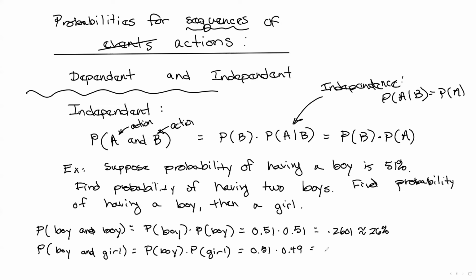Let's look at another example. So let's say we're flipping a coin. Yeah, flipping a coin. I wrote down tossing a coin. Tossing a die. So you're flipping a coin 3 times.